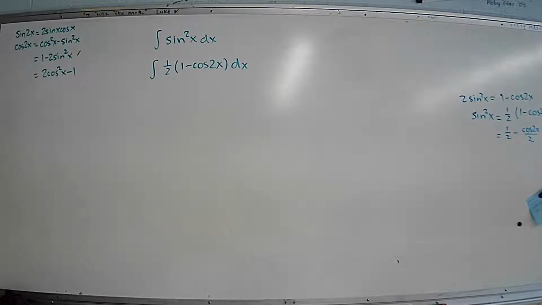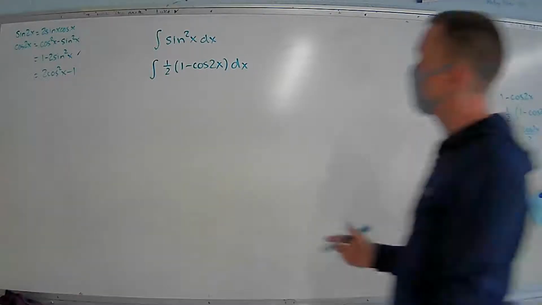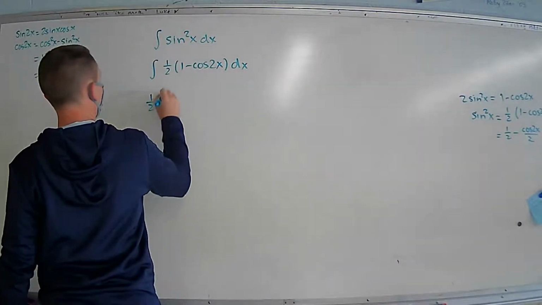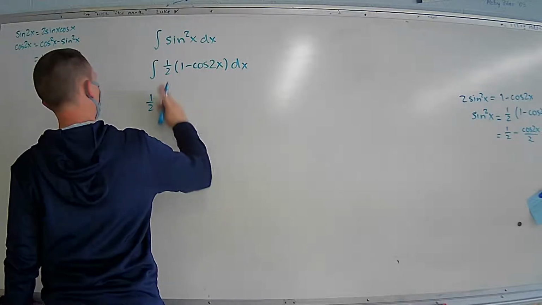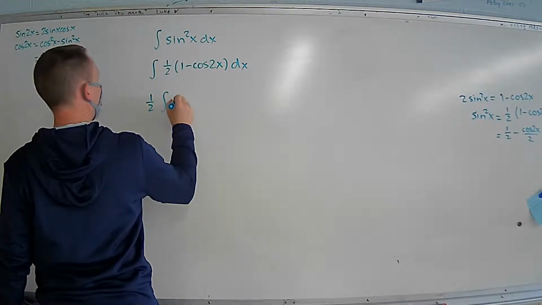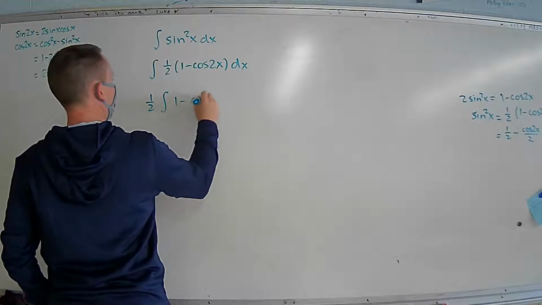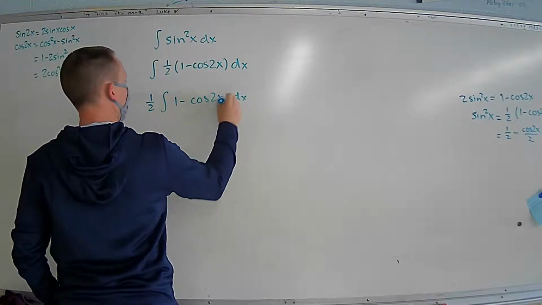Well, we got rid of the square. And I have an integral there that's actually pretty doable. So you want to take the 1/2 out, and then you get 1 minus cosine of 2x dx.